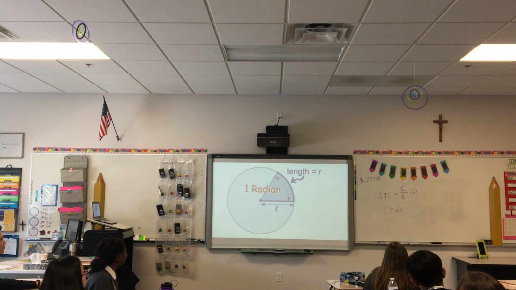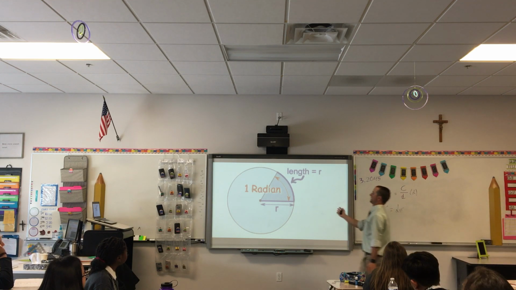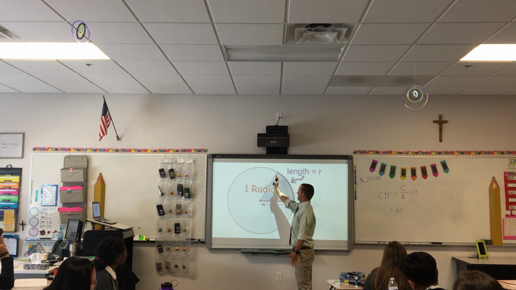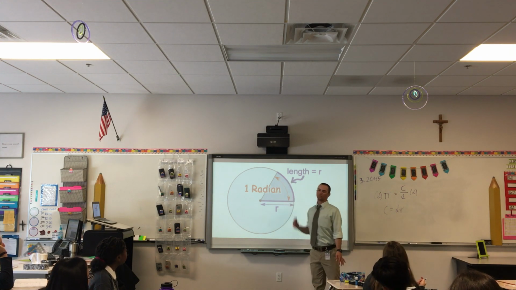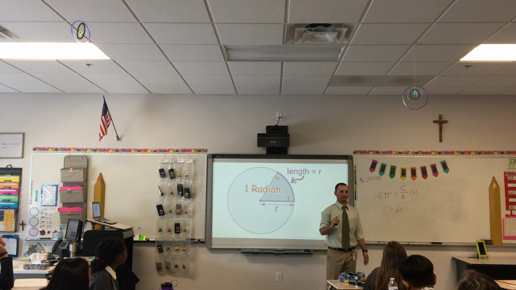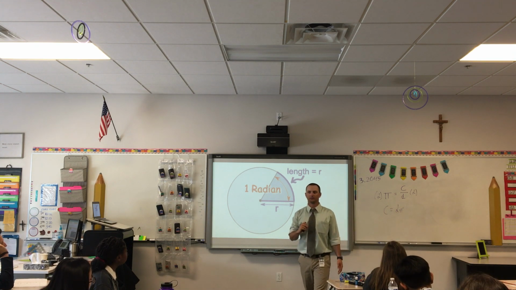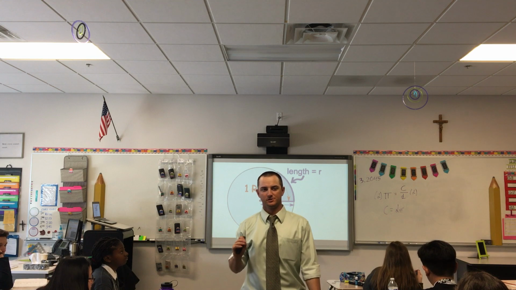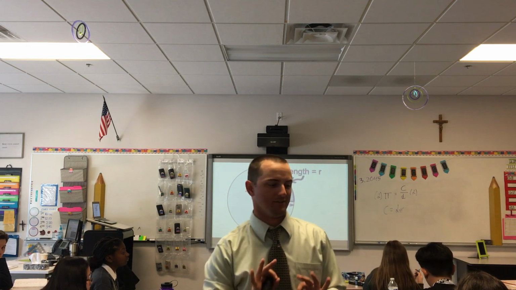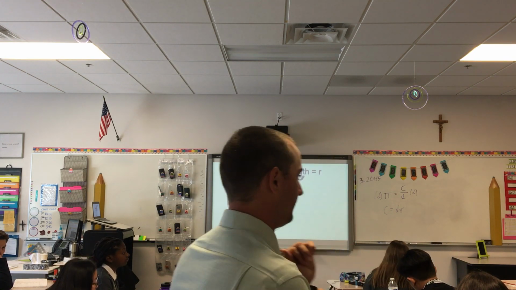3-ish, right? Okay, 3-ish. It's this one, isn't it? Yeah, 3-ish. So when we talk about the arc length being equal to 1 radius, that's what we call 1 radian. Okay, so stick with me. Radian is not anything too complicated.